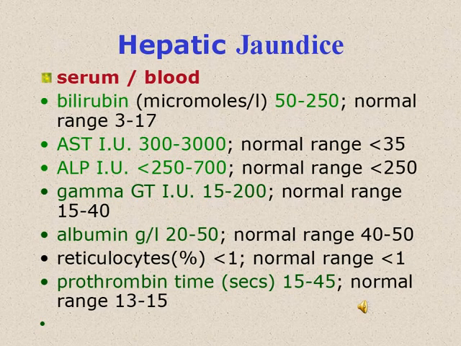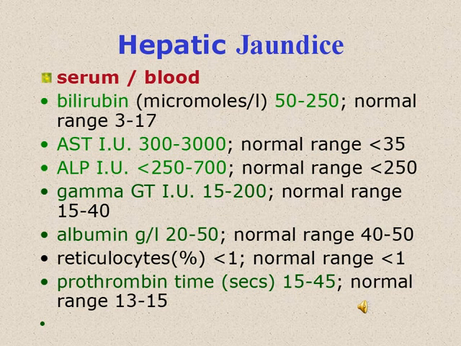The laboratory findings of hepatic jaundice we already discussed. In hepatic jaundice, total bilirubin increases, that means both the conjugated and unconjugated bilirubin levels increase, and the AST, aspartate transaminase, highly increases. Aspartate transaminase is a liver specific enzyme. Then alkaline phosphatase increases, gamma-glutamyl transferase increases.